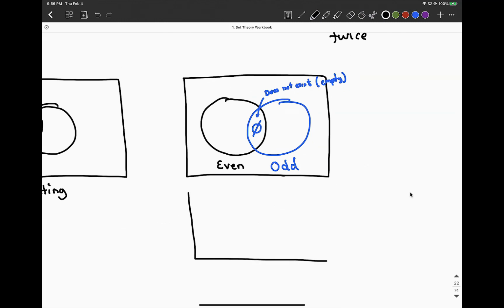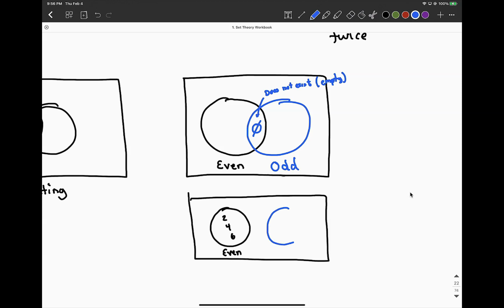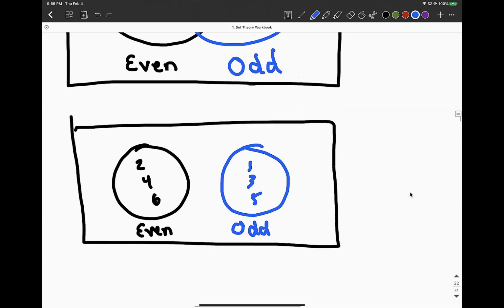So we would instead avoid that unfortunate scenario. And if I was to create an even set of numbers, like the numbers 2, 4, 6, and the odd set of numbers like 1, 3, and 5, I would have to draw them separate because that's logically what they are.